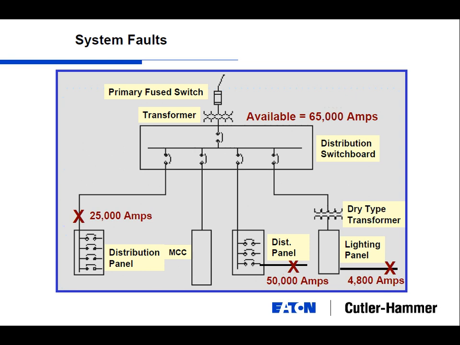It's very common to have 4 to 5 or even 5.5% impedance in a standard dry type transformer. And just the way these things are constructed, there is a fixed amount of available fault current that can come out of every transformer, set by the kVA and the impedance of that transformer.